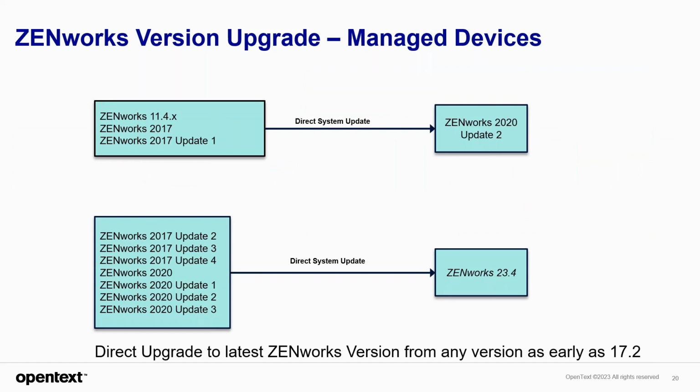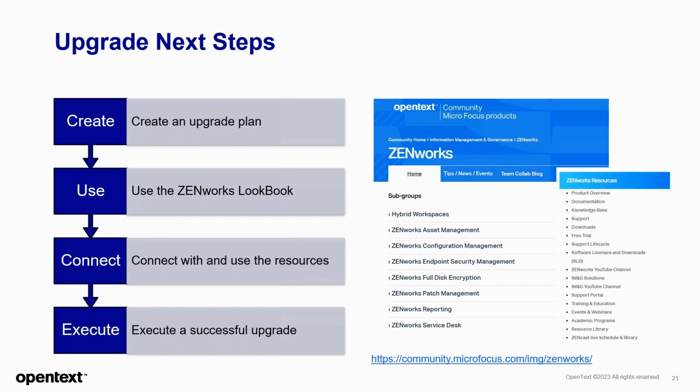While upgrading primary servers can be a two-step process, upgrading managed devices is a straightforward task. We support direct upgrade of devices right from 17.2 to the latest ZENworks version, be it ZENworks 2020 Update 3 or ZENworks 23.3.